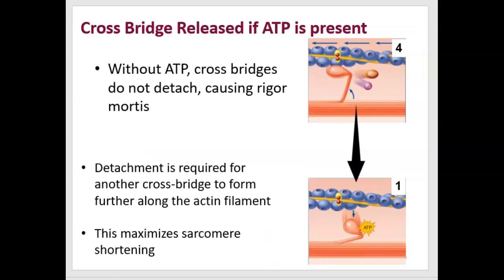Now, if ATP is still present in the muscle, which it probably is, then we can go from stage 4 back through another cycle of cross-bridge formation. It's just that it'll be at a different point of the actin filament. So maybe originally the myosin head bound here. Now it's going to bind here, and then it'll bind there.